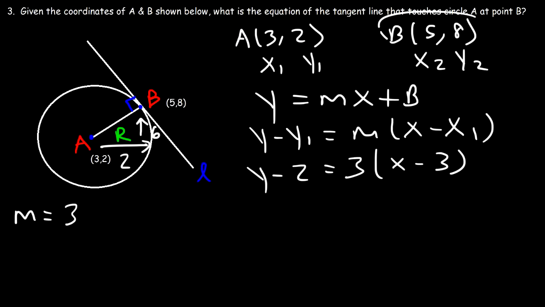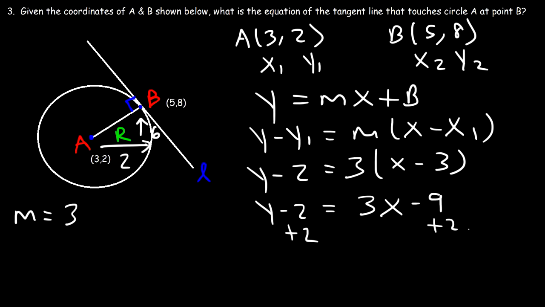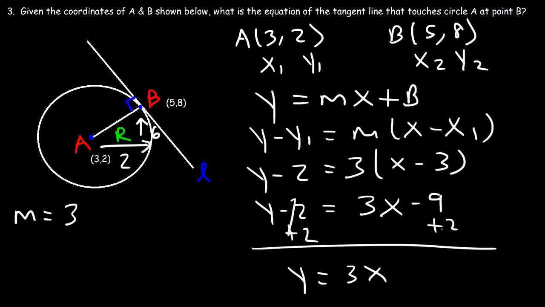You can use these values too, you'll get the same equation. So I'm going to distribute the 3. So it's going to be 3x minus 9. And then I'm going to add 2 to both sides. Negative 9 plus 2 is negative 7. So this represents the equation of the line that passes through points A and B.